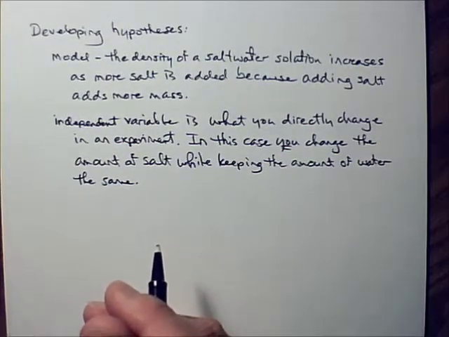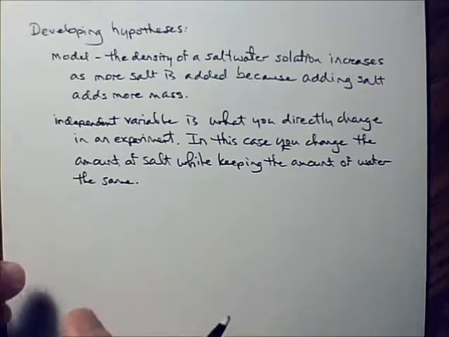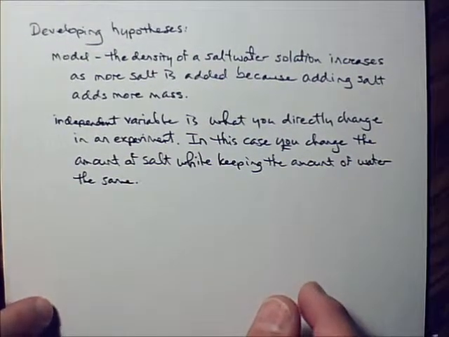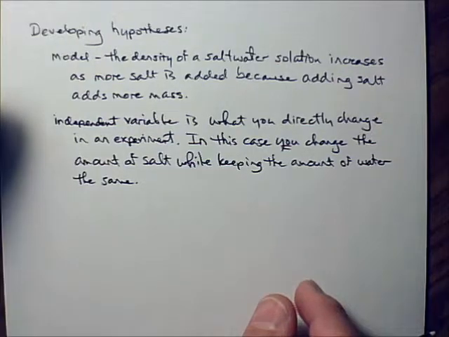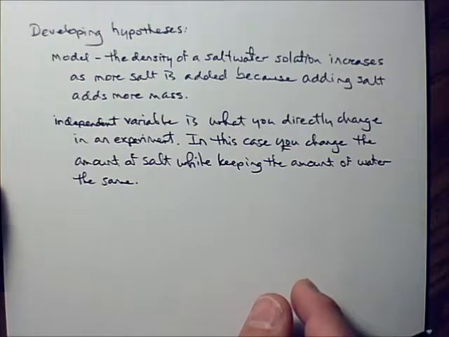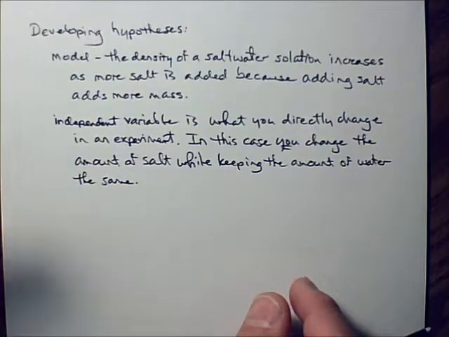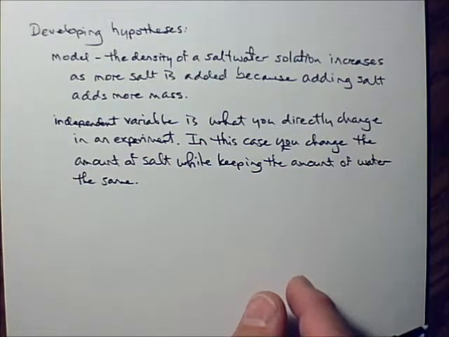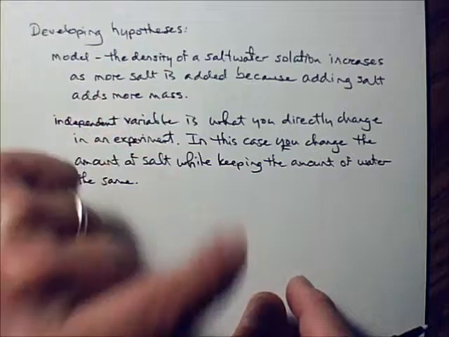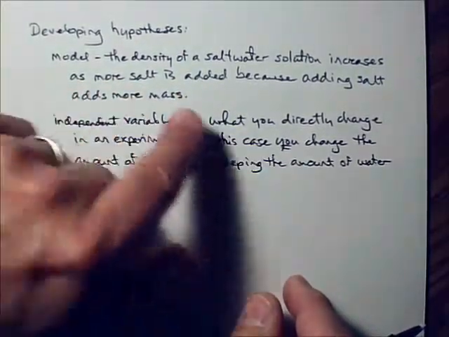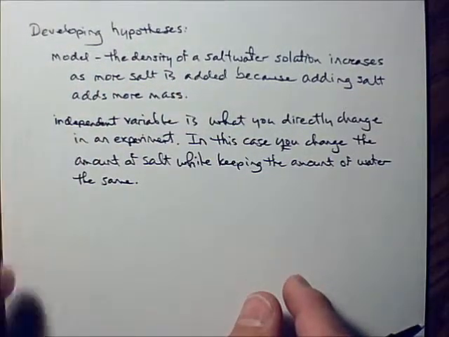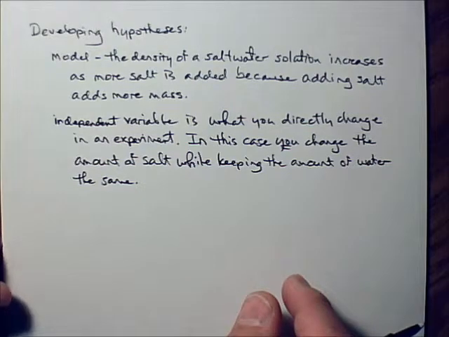Got it? So by changing the amount of salt in the same amount of water each time, we're going to change the concentration of the solution. And what we're trying to find out in our experiment tomorrow is how does that change the density. And what we think is going to happen here, our model for this is that because we're adding more salt to it, we're going to increase the density.